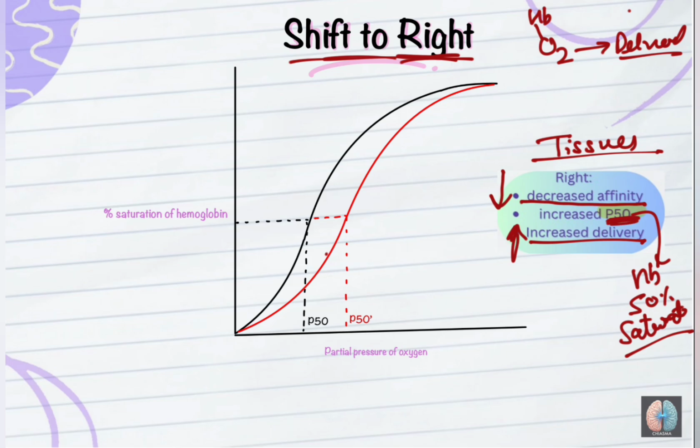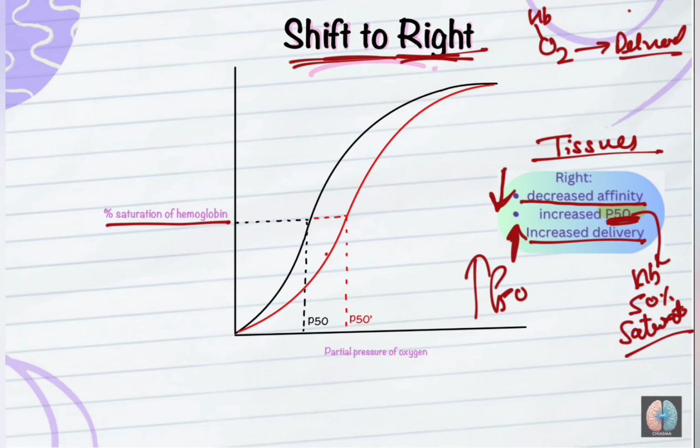The P50 value will increase. It is the pressure of oxygen. So more pressure of oxygen will be required at the level of tissues to saturate 50% of hemoglobin because hemoglobin does not want to bind oxygen. That is why P50 value on shift to the right increases. Affinity of hemoglobin decreases and delivery of oxygen increases.